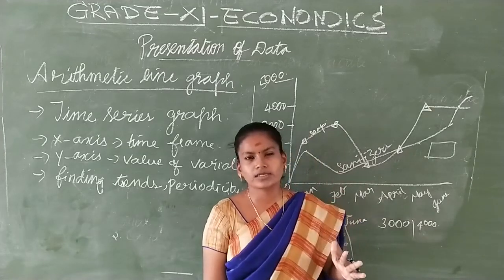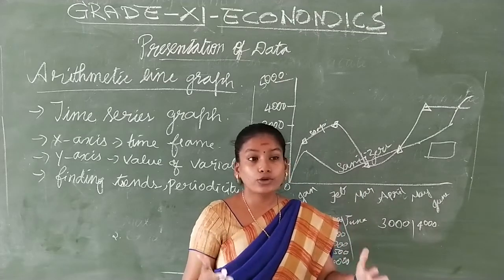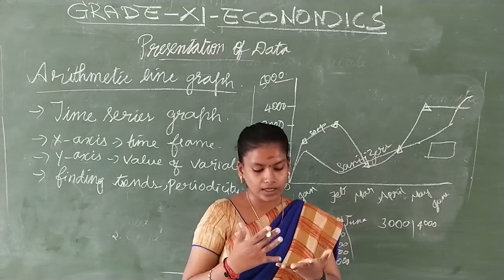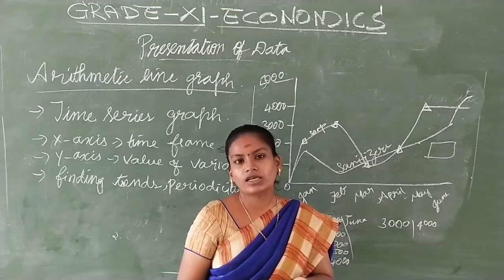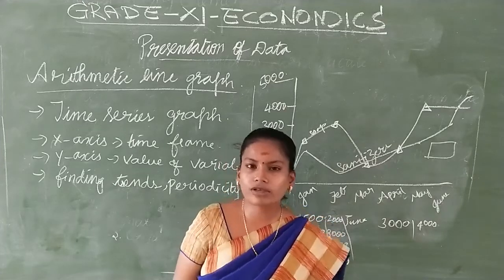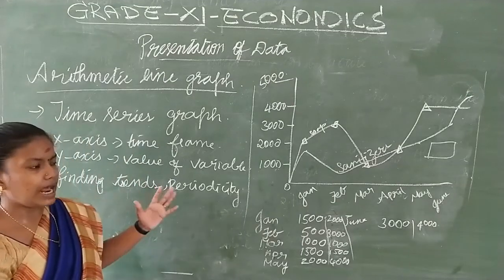Frequency diagram is used to present grouped frequency distribution data. We had the histogram, frequency polygon, frequency curve and ogive. And finally we spoke about the arithmetic line graph, which is also termed the time series graph.